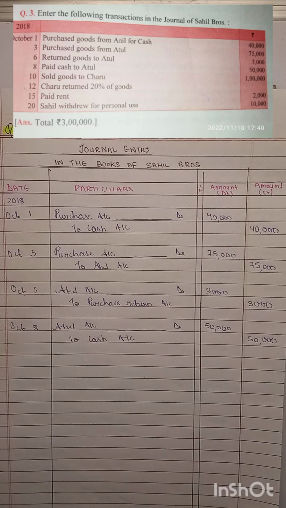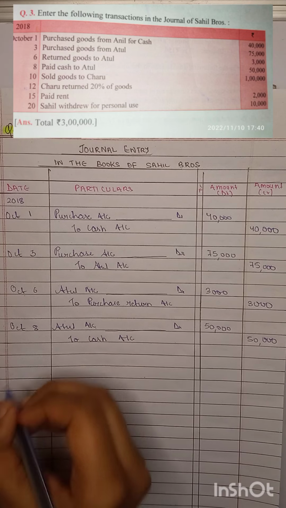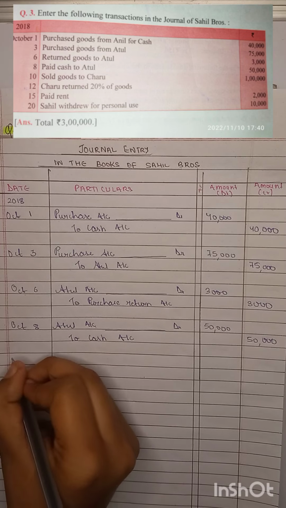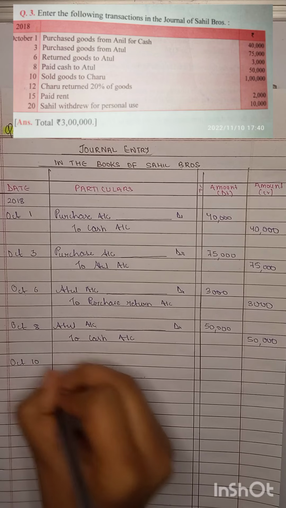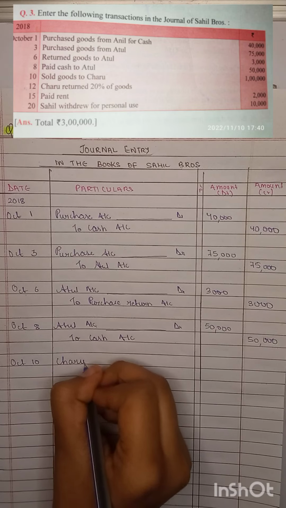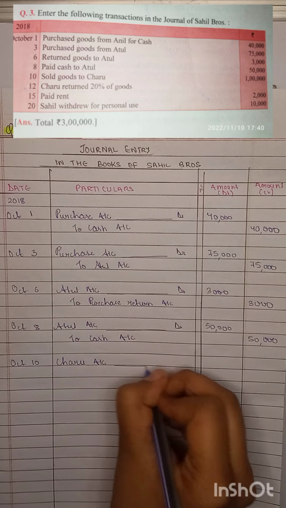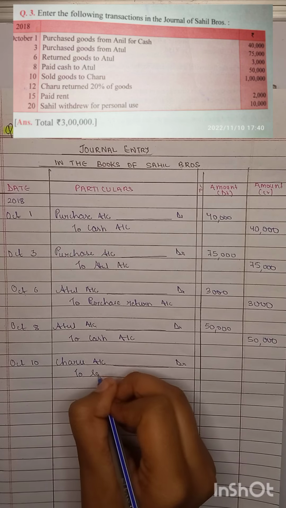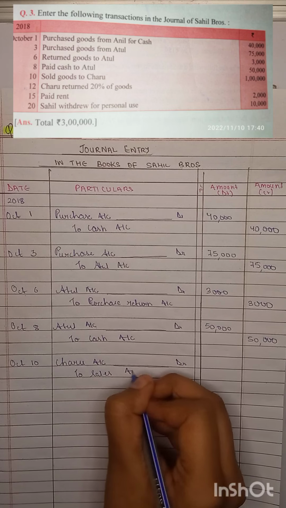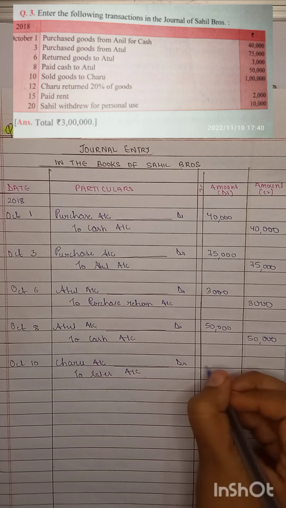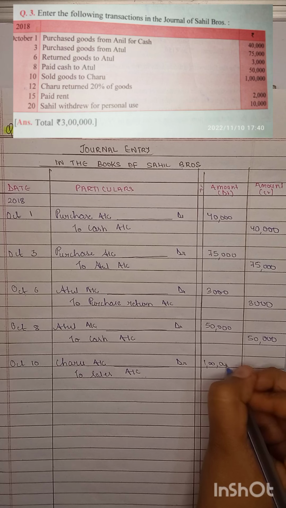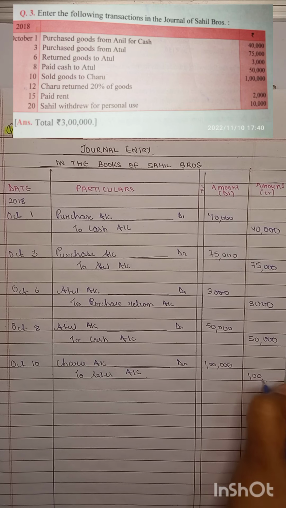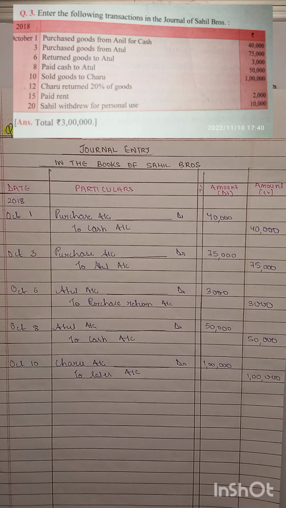Next, sold goods to Charu. Our entry will be Charu account debit to sales account, rupees 1 lakh. Next, Charu returned 20% of goods.